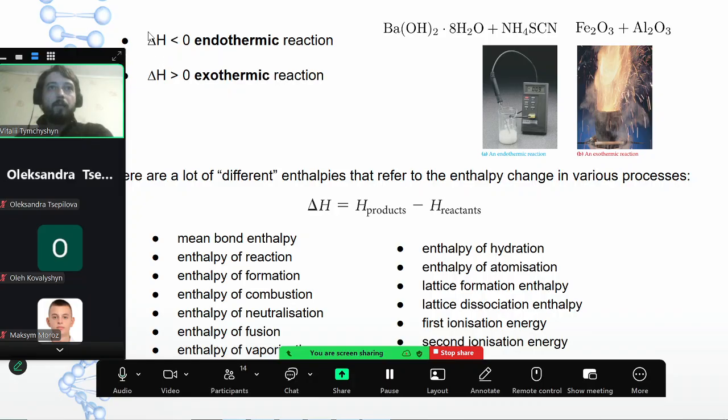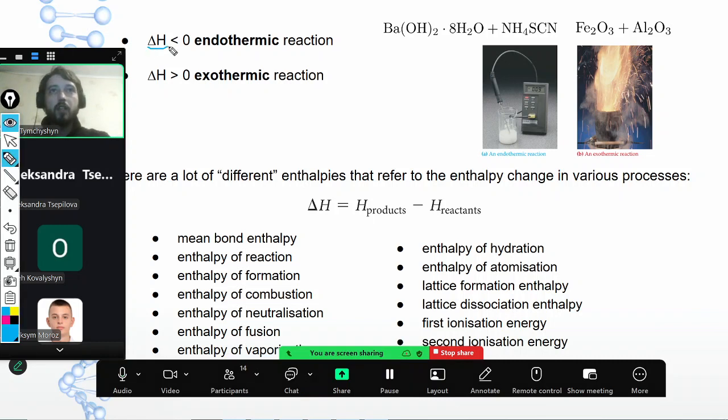Once again, we are taking this delta, so we are forgetting about all the history of the movement of the system, and we are interested only in the state we start and the state we end. If we take enthalpy of the end state minus enthalpy of the starting state, we get delta H. If this delta H is less than 0, we get an endothermic reaction.